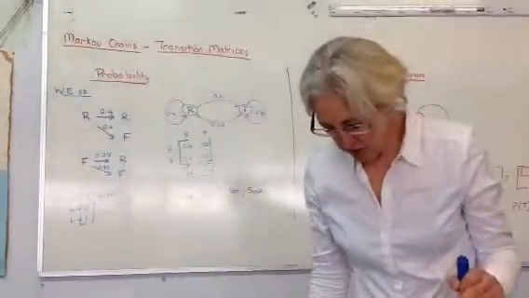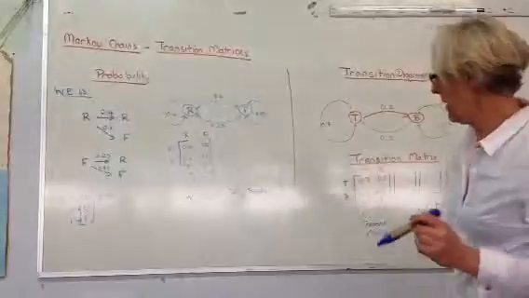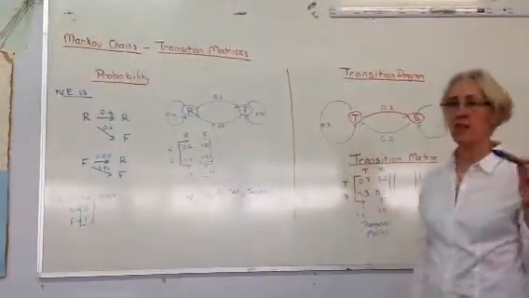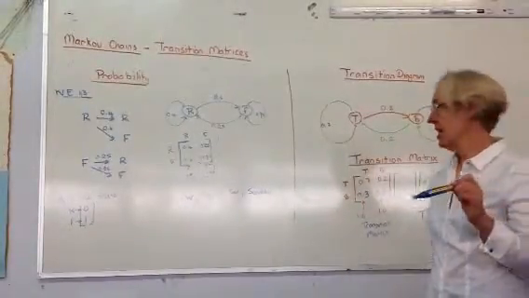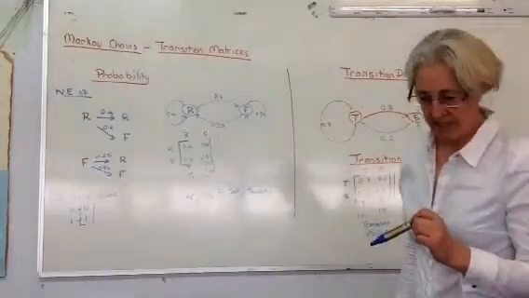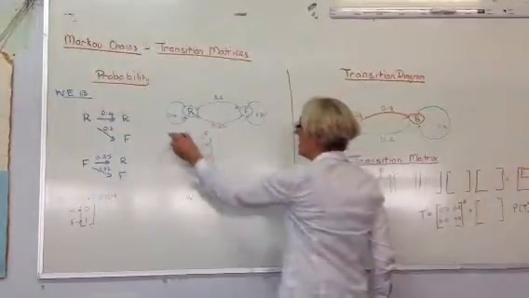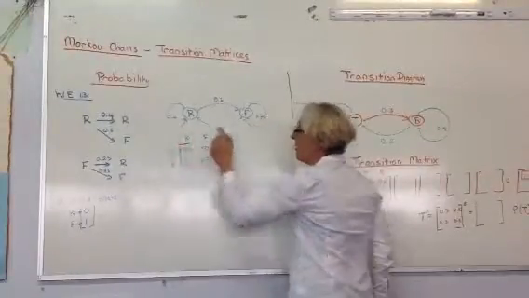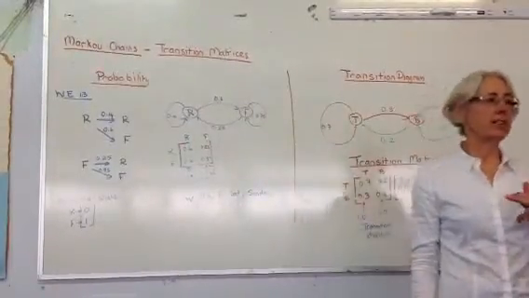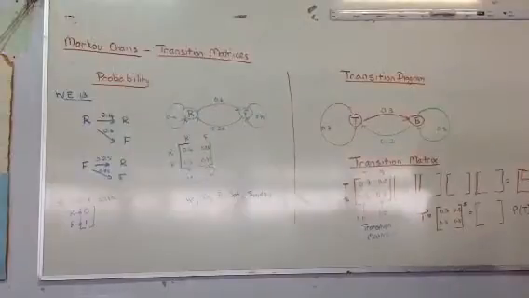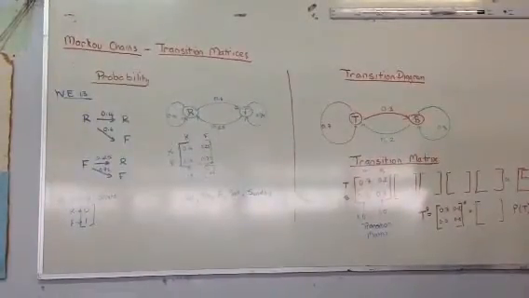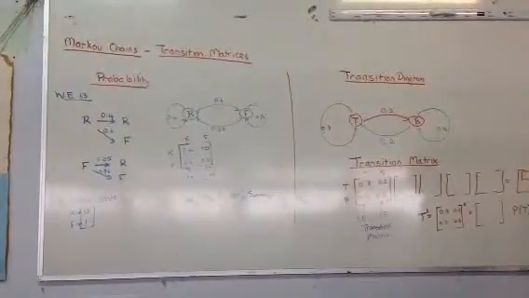And so what we're going to do is multiply, because we're interested in what's happening Thursday, Friday, Saturday and Sunday. We are going to look at this transition matrix for the 4 days, and then multiply by our initial matrix.